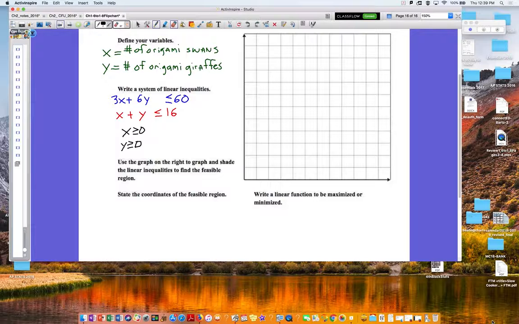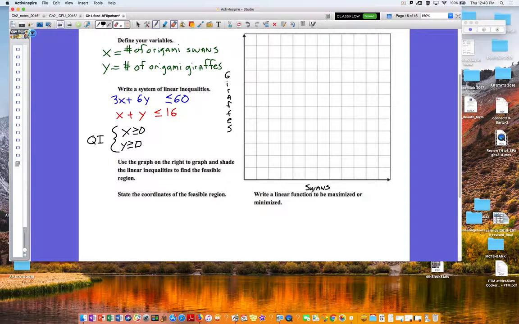So now, I want to graph this. I'm hoping by now we know that this is in quadrant 1. So we know that the number of swans and the number of giraffes has to be positive.